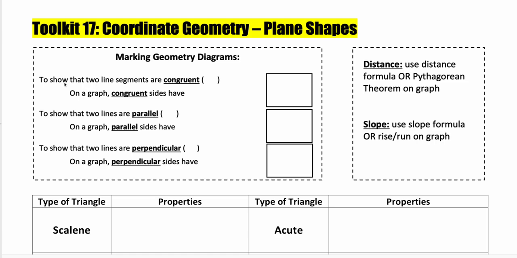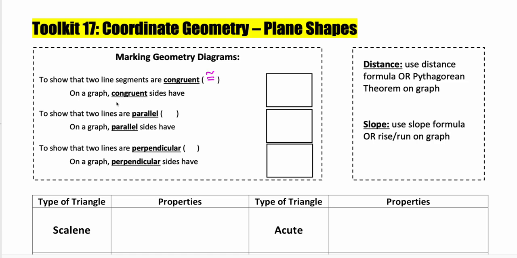So the first thing we're going to look at is to show that two line segments are congruent. Now congruent means the same shape and same size. The symbol for congruency is an equal sign with the tilde above it, because the equals means the same size, and then the tilde above it, the squiggle, shows us that they are the same shape.